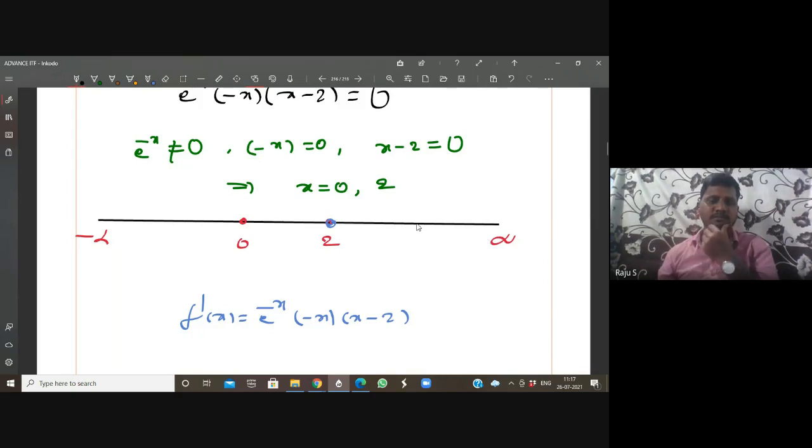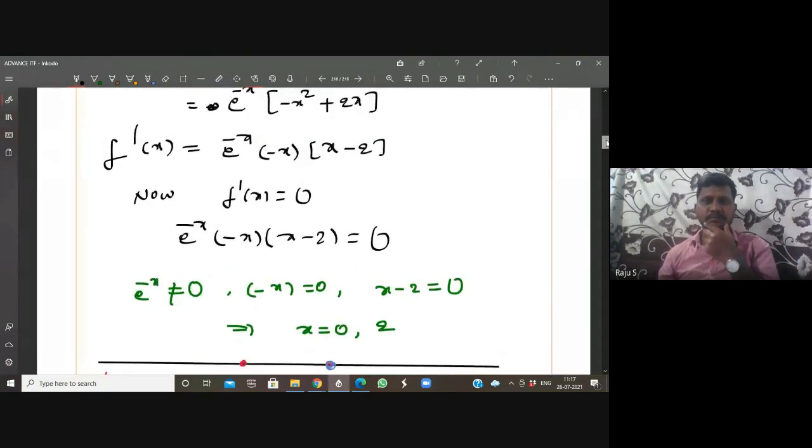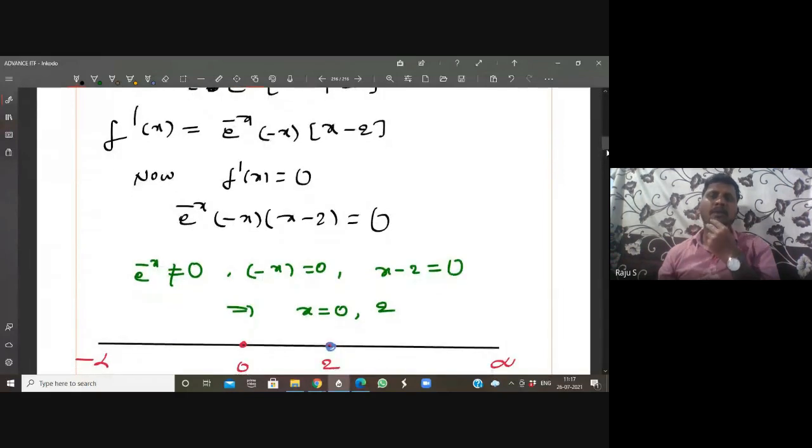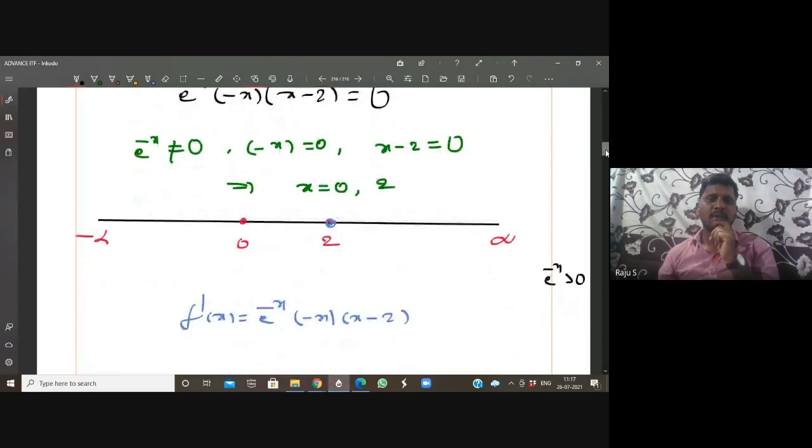Take any value. e to the power of minus x is always greater than 0. Then what about f dash of x from 2 to infinity? You may take 3, 10, any value you can give here. Increasing or decreasing?